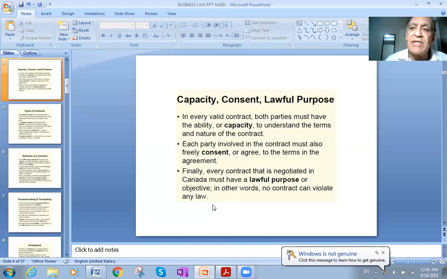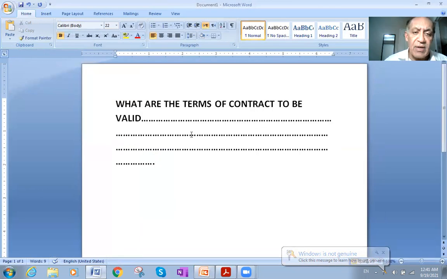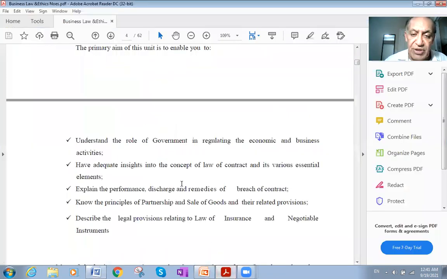So these are all not legal. Those were the components or terms that should be in the contract to be valid, those 6 points which I talked about.